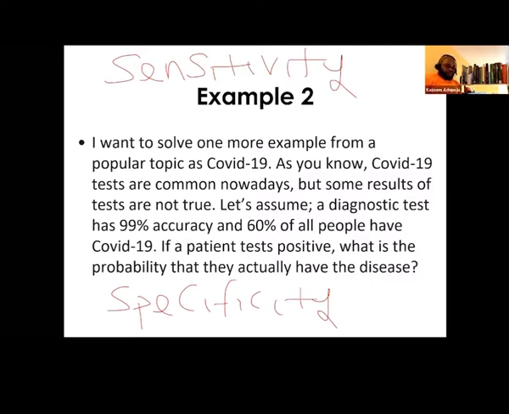Now, what am I trying to say in general about sensitivity? It is the ability of the test to pick up what you are looking for. I'm going to say that again. Sensitivity, in another definition, is the ability of the test to pick up what you're looking for.